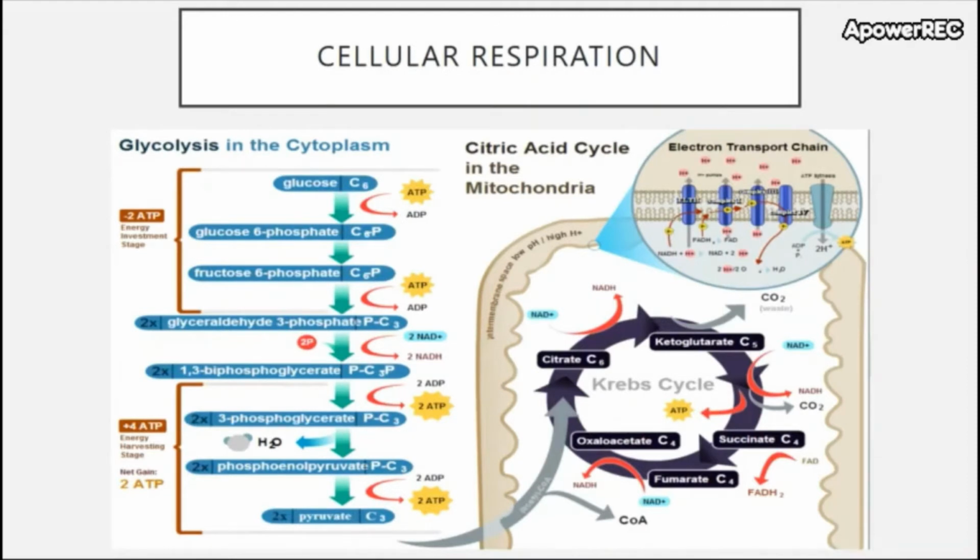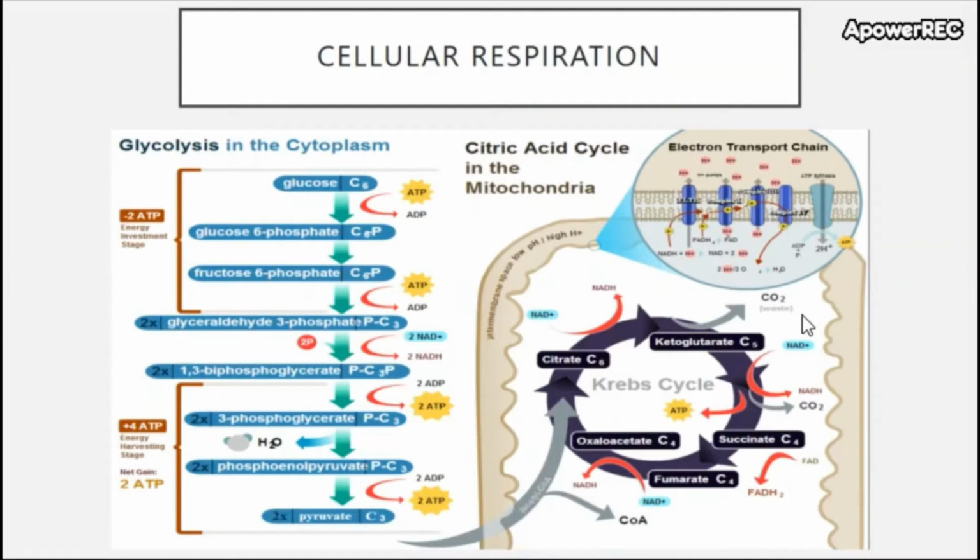For the exam, you should know the starting material of glycolysis. In this example, it would be glucose. And in pyruvate oxidation, it's going to be pyruvate, right? You're also going to need the starting material in Krebs cycle, again following the carbon trail, which is acetyl-CoA, and for the electron transport chain, which are your electron carriers.